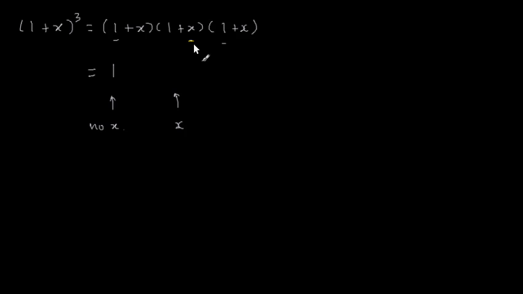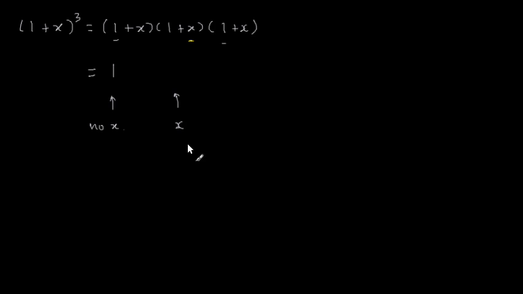If I've already picked an x from one bracket, I can't pick x from the other brackets. So I really only need to worry about picking the x. I don't have to worry about picking the 1s, because once I've decided from which bracket to pick the x, I'm forced to just pick 1s from the other brackets, so that I would have just the 1x.